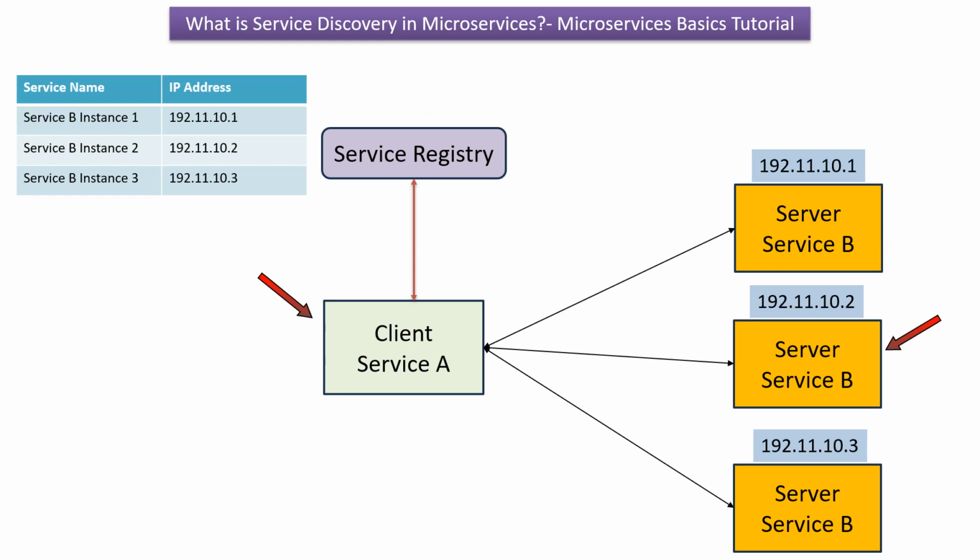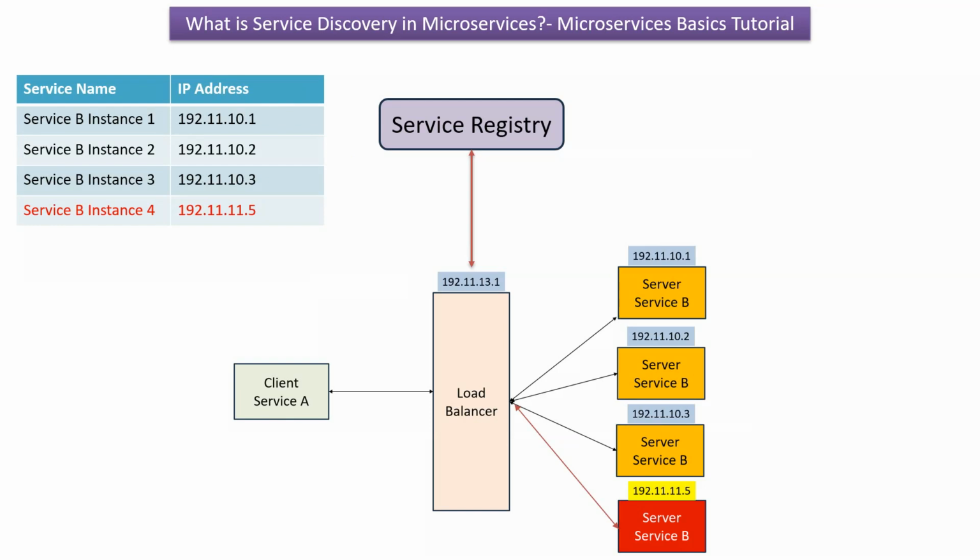The client will ask the service registry for the IP address of service B instance 2. The service registry will provide it: 192.11.10.2, and using that IP address, the client will send the request to service B instance 2. In most cases, server-side service discovery is used compared to client-side service discovery.